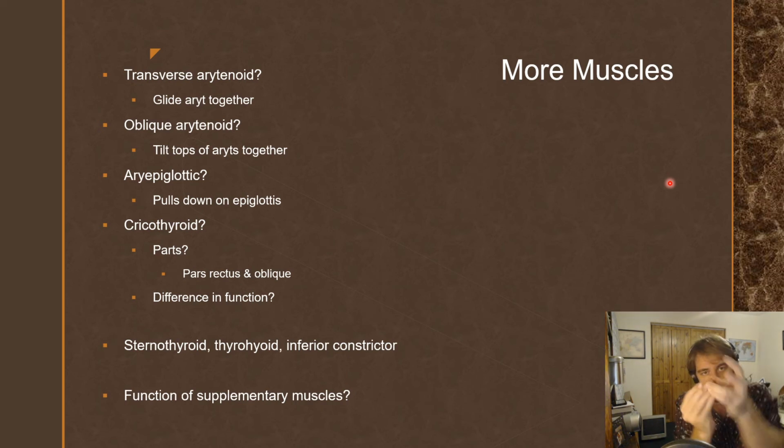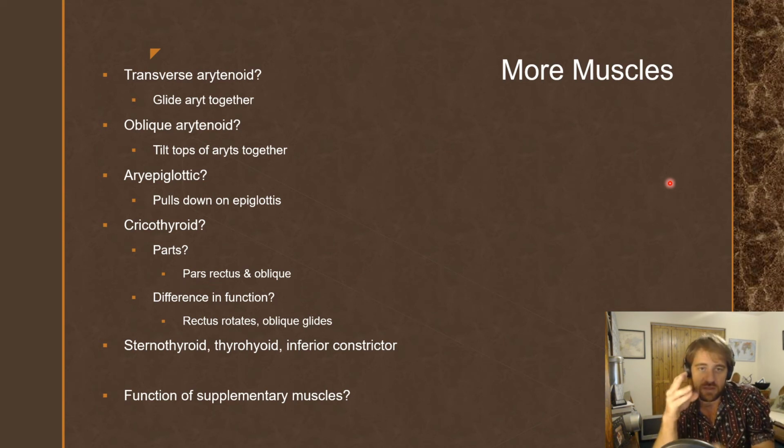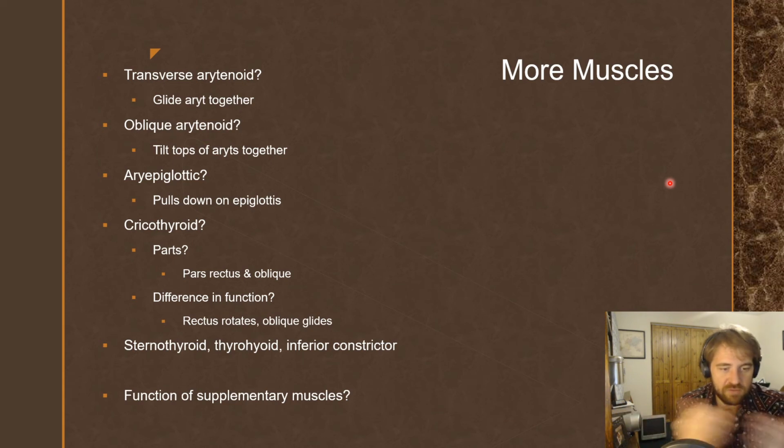It's just going to tilt on that axis, rotate on that axis, right? So rectus rotates and oblique glides. I can't make oblique glides sound good, but rectus rotates, not too bad, right? That should help you remember. So rectus rotates, oblique glides.